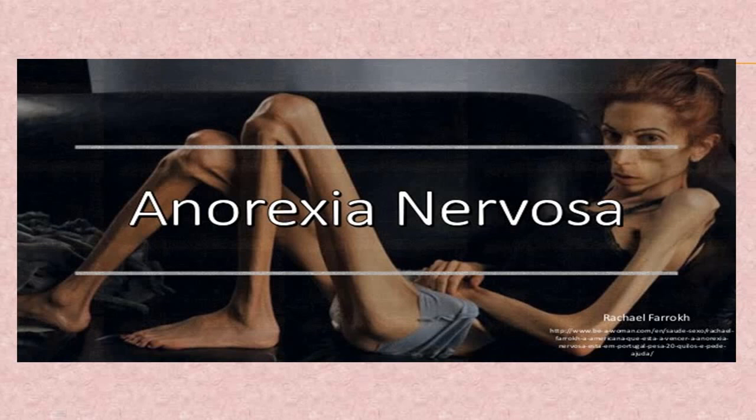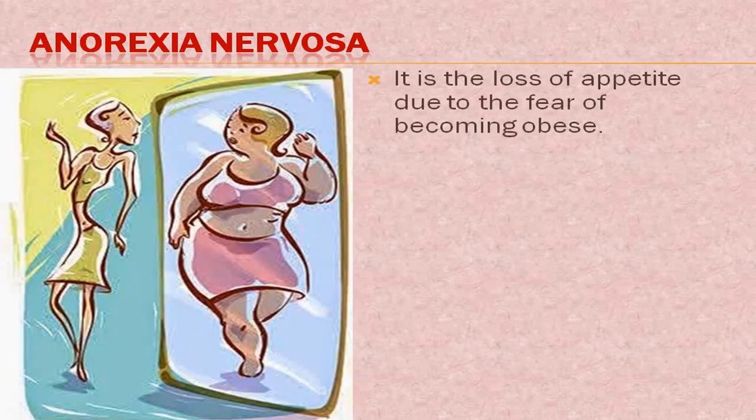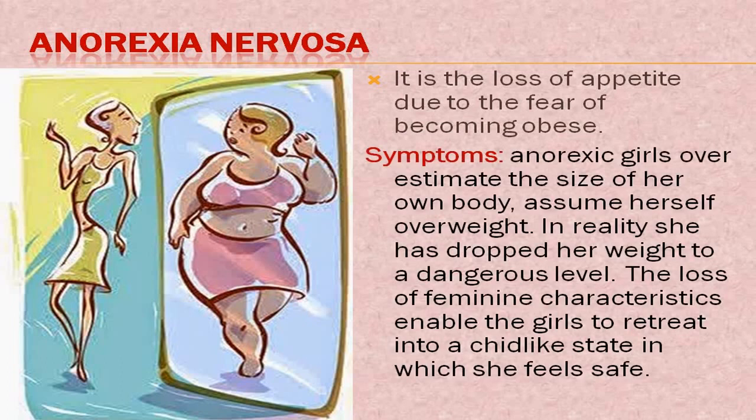As you can see in this figure, it is a loss of appetite due to the fear of becoming obese, and this is common especially in females between the ages of 12 and 21 years after the onset of puberty. The anorexic girl overestimates the size of her own body and assumes herself overweight.